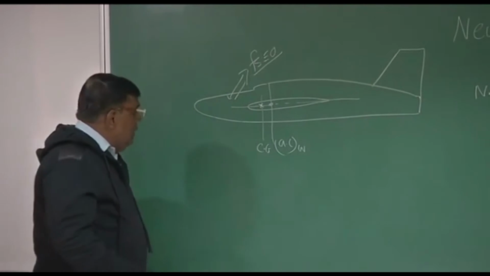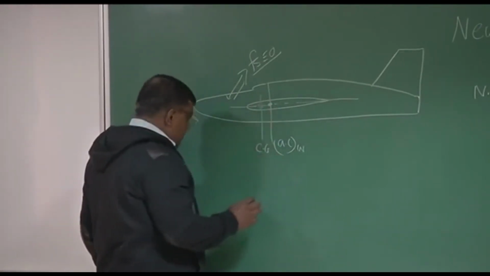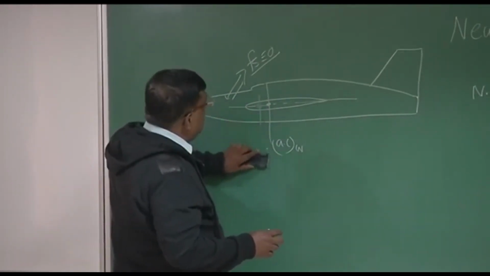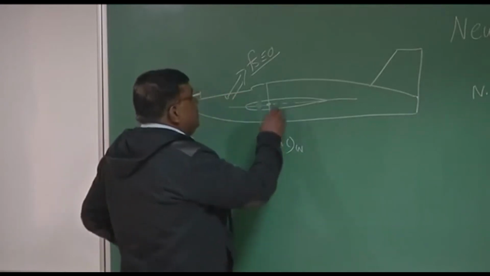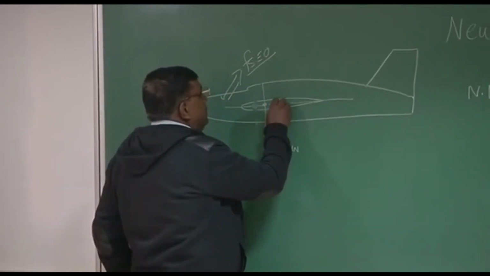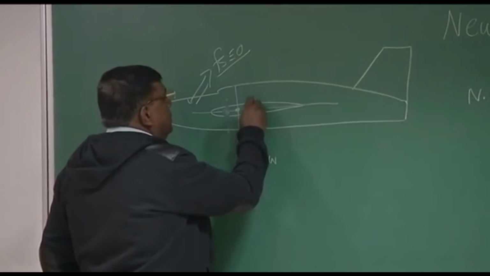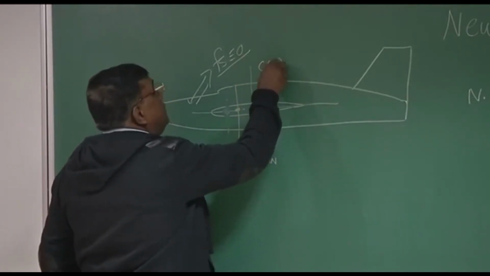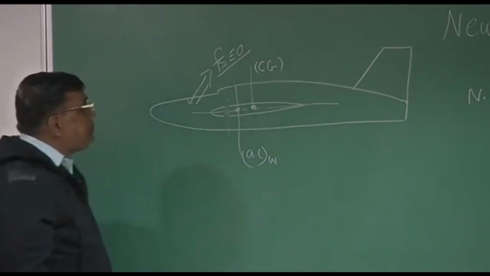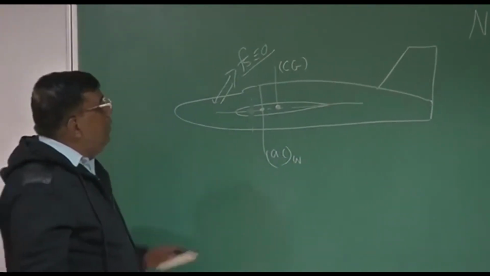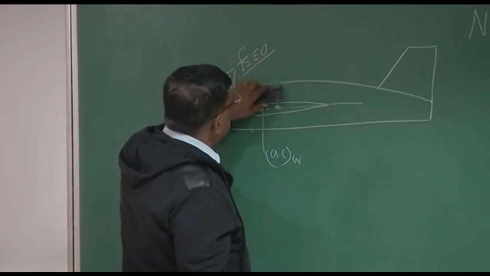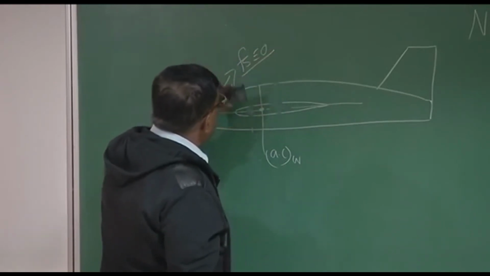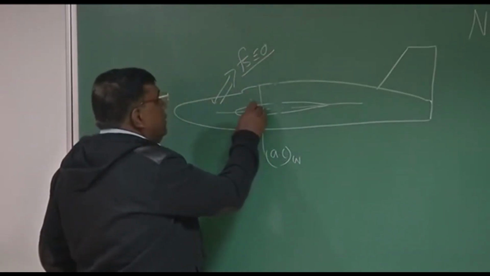Okay. Now, suppose I change the CG. Let's say CG is here. Or let me further make it simpler so that you can understand clearly.